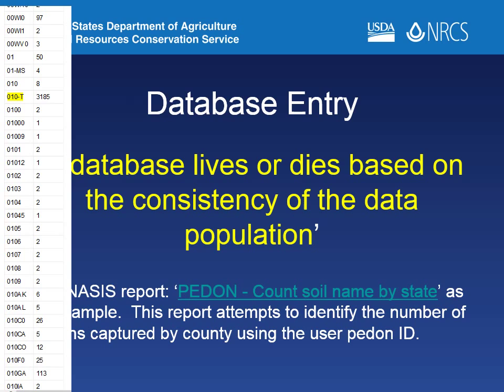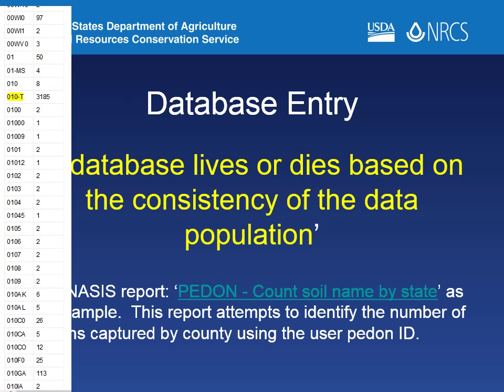And so I ran a report and I said, show me all of the pedons and how many of those pedons were written into a specific county. And there is a naming nomenclature for the user pedon ID and the user site ID, and it is specific.